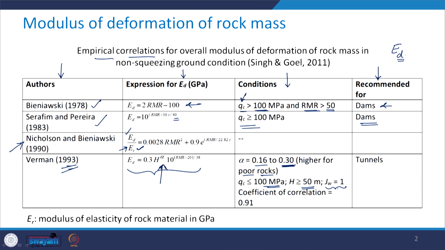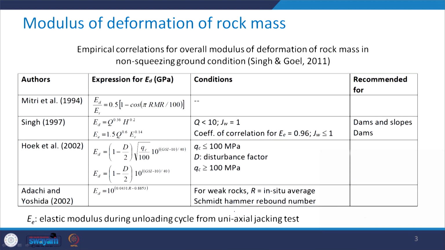And since these are all empirical correlations, when they had a lot of data, they tried plotting it in one space. In that case, the coefficient of correlation worked out to be 0.91. And this expression was recommended to be used in the case of tunnels. Similarly, there are other correlations for non-squeezing ground condition, as given by Mitri et al. in 1994.